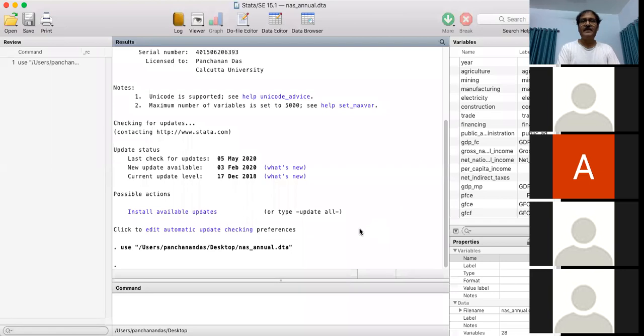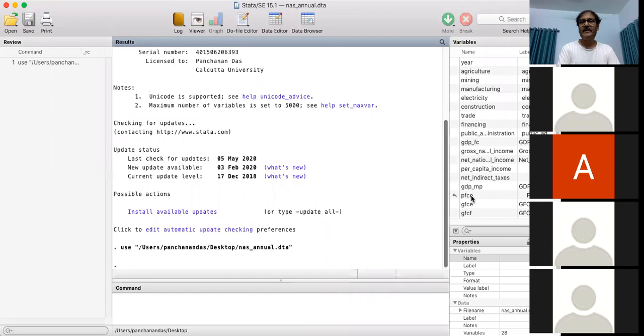So for that purpose, we want to use our national accounts dataset as we have used earlier, and let us select two variables for today's class. One is GDP at market price.